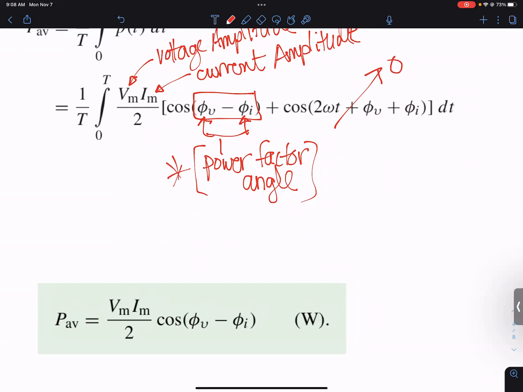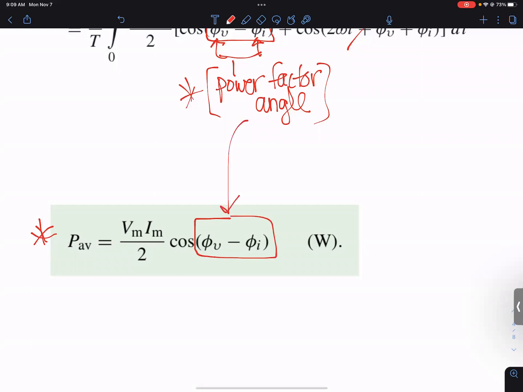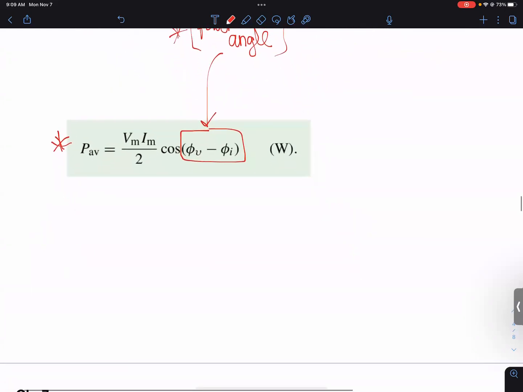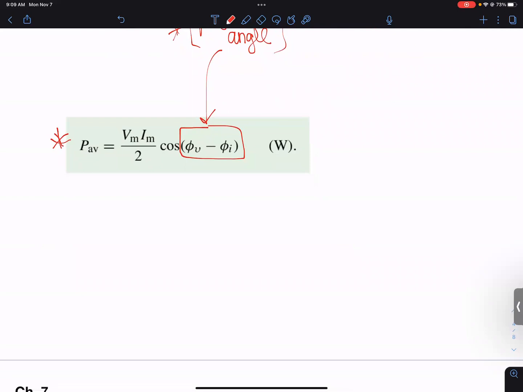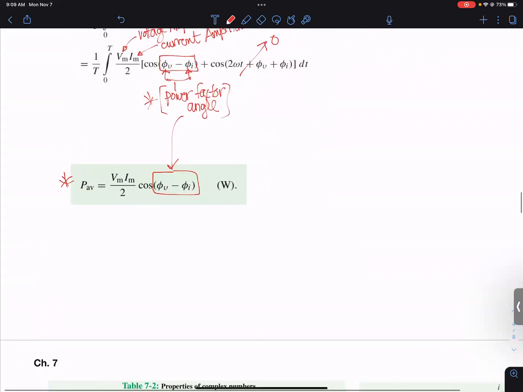We're left with this equation for the average power: Vm times Im over 2 times the cosine of the power factor angle, and that's going to be in watts. Any questions? This will be another equation that you need to know.